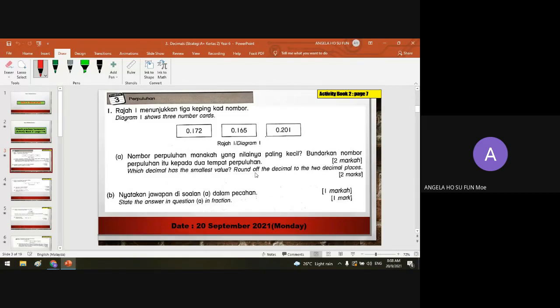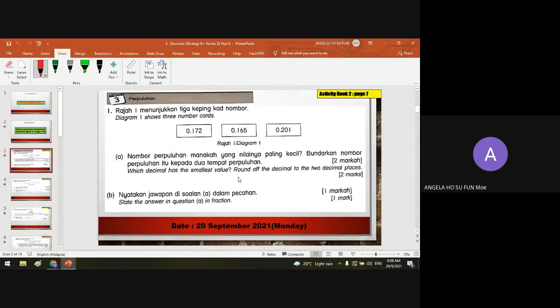Okay, first of all, I would like to ask Avan, are you there? Avan from Six Mera, are you there? Yes, teacher. Which card has the smallest value? 0.165.